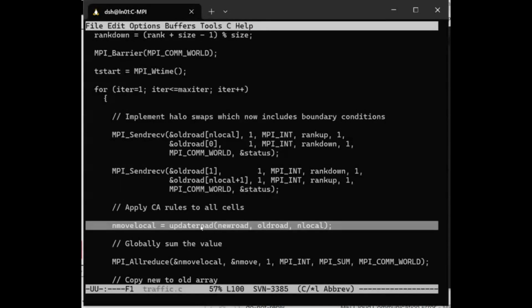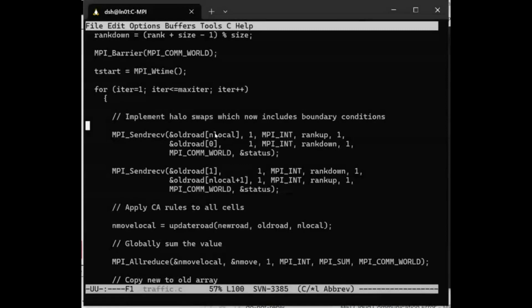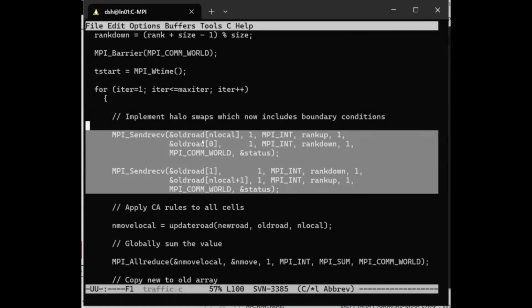This update requires access to old road of i+1 and i-1, and that means that at the boundaries of your domain, you need data from another process. So prior to doing this update in the parallel code, you need to do this halo swap where you exchange your boundary data. You send your extreme data, which is your leftmost value, to the rightmost halo of your neighbor, and the same for the other.